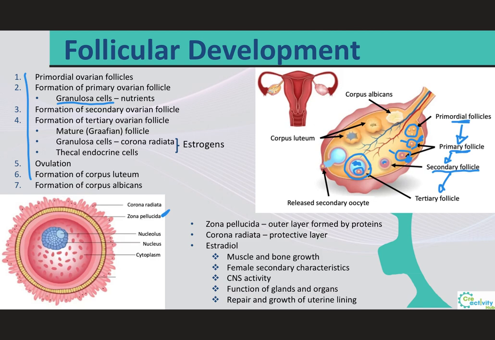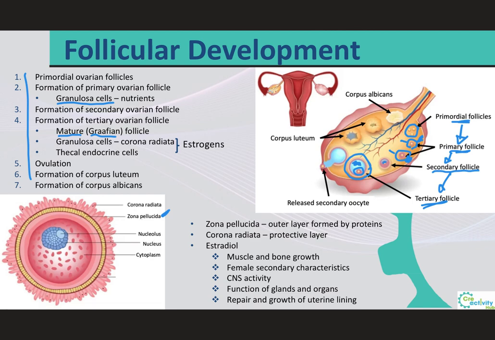The secondary follicle as a whole has doubled in size and is now called the tertiary follicle. This tertiary follicle can also be called a mature or a Graafian follicle, which will continue to grow and accumulate the follicular fluid. And its large size will create a prominent bulge in the surface of the ovary.